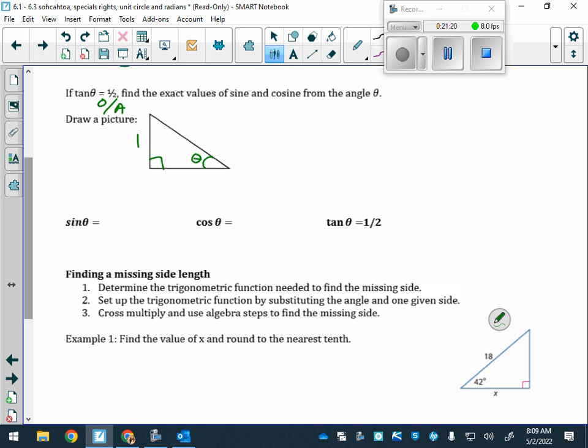Opposite, which is 1. And here is going to be adjacent. So we have to find our hypotenuse. Right? So go right ahead and find your hypotenuse. Then find sine and cosine. Use the above to help you out. Remember, C is what we're looking for.